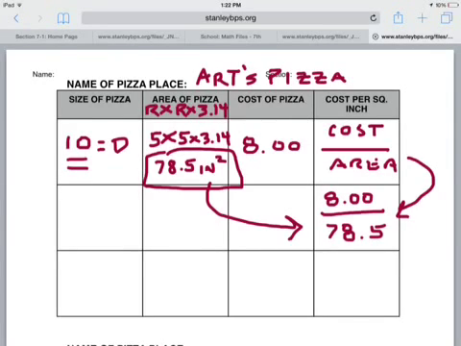When I do the division here, and please use a calculator, I end up with 0.1019, right? And remember, you can stop at the fourth digit. Stop there at this 9, which is the 10,000th place.